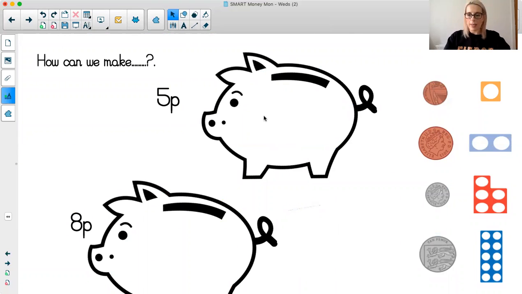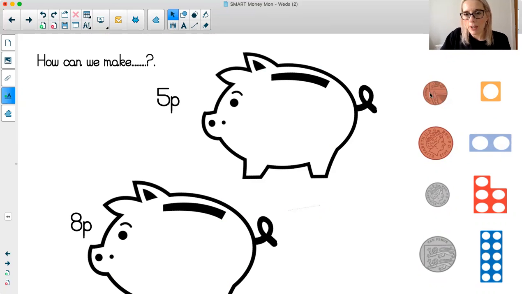So I've got a piggy bank here and I would like to save 5p. What pennies, what pence, what coins would I put into my piggy bank to make 5p? See if you can pause the video and have a chat. Right, did you come up with some ideas? There are lots of ways we could make 5p. I wonder if anyone got this way.